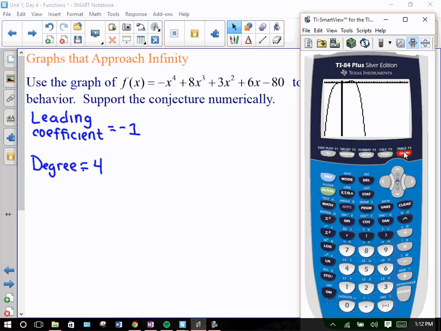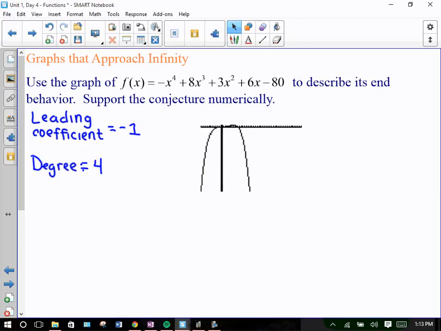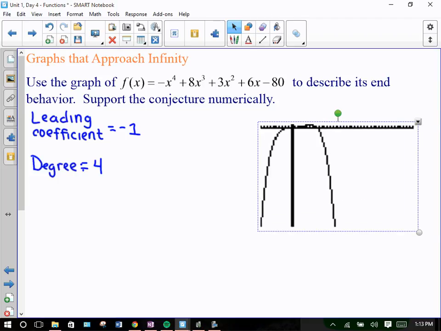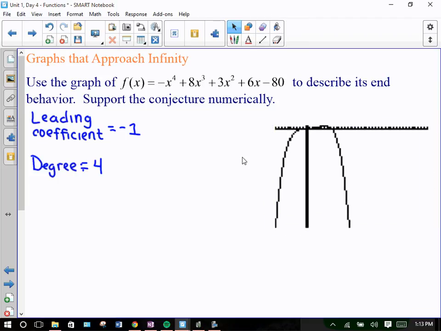Now, as we look at this, you can see sort of the left end behavior and the right end behavior. Here's our graph. If we want to describe our left end behavior here, left-hand behavior refers to when the x values are going off to negative.